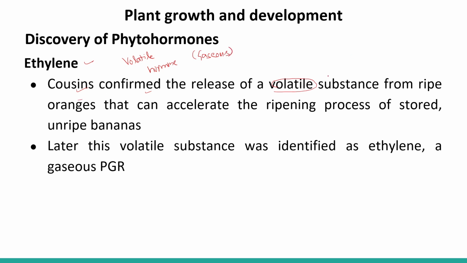So Cousins confirmed the release of a volatile substance from ripe organs. This you have to remember, ripe organs. And this volatile substance accelerated the ripening process of stored unripe bananas. So it helped the unripe bananas to ripen, meaning it helps in the ripening process. So that's why ethylene is also sometimes known as the ripening hormone.